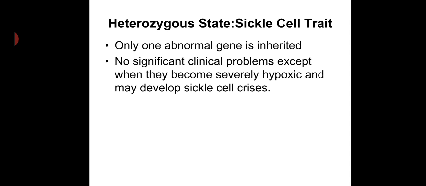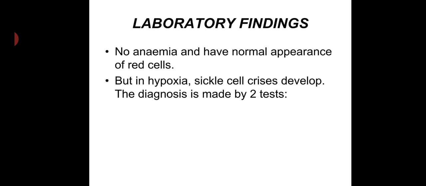Now heterozygous state, that is also known as sickle cell trait. Only one abnormal gene is inherited compared to homozygous state where two abnormal genes are inherited, one from each parent. No significant clinical problems are seen in these patients except when they become severely hypoxic, they develop sickle cell crisis.